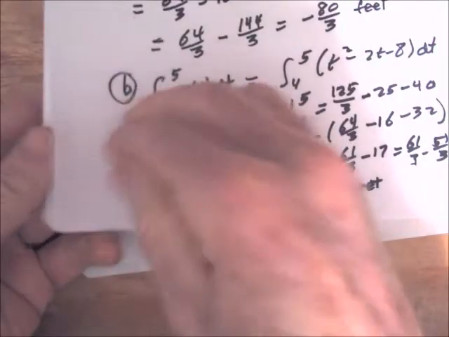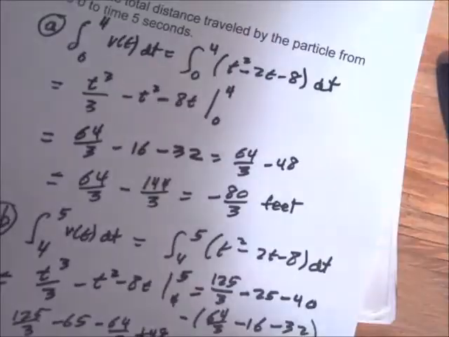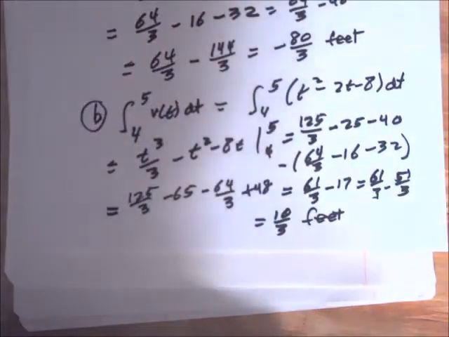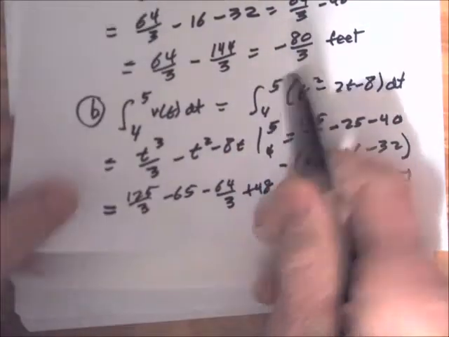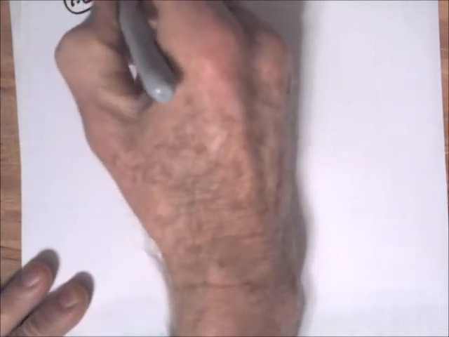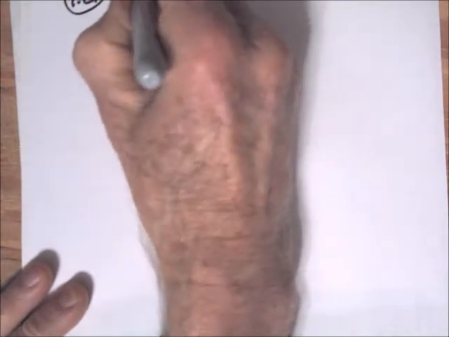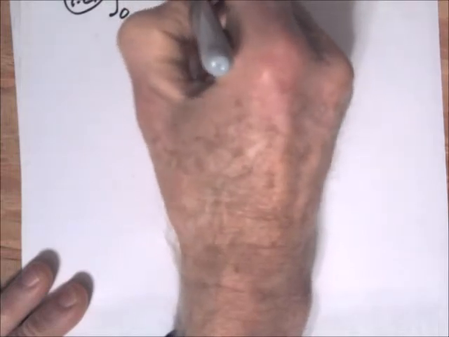Okay, so let's do part C, 0 to 5 seconds. We could just add these two here. We just add the answers from part A and part B. I'll do it on a separate page. The integral from 0 to 5 of v of t dt.